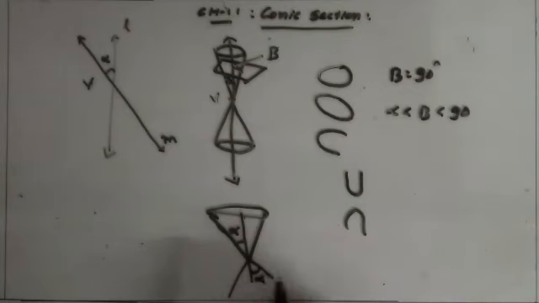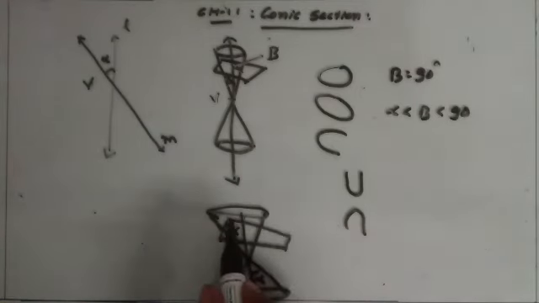This is also the same measure alpha. If beta is greater than alpha, that is this form, then we get this type of ellipse.